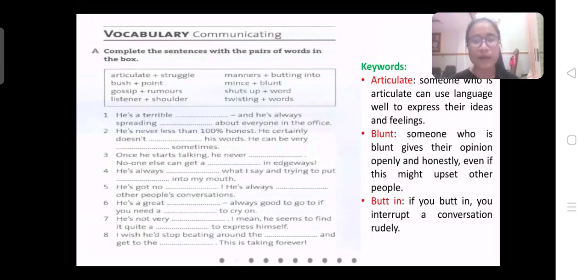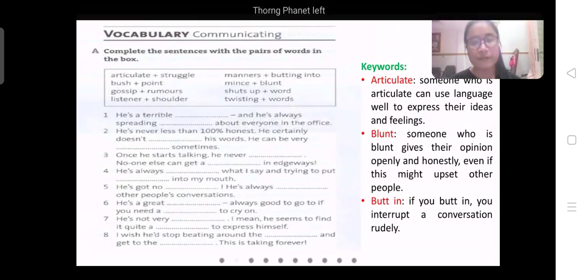The next one, blunt, means that someone who is blunt gives their opinion openly and honestly. This might upset other people. And the last word is butt in. Butt in means that if you butt in, you interrupt a conversation rudely.